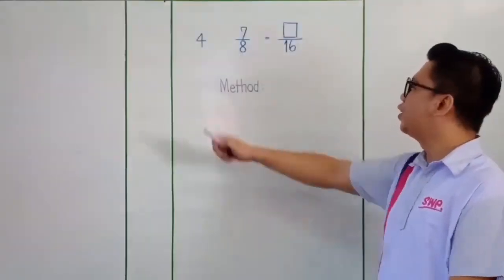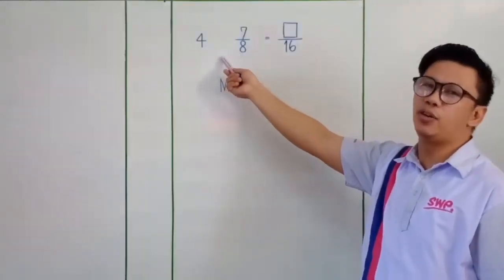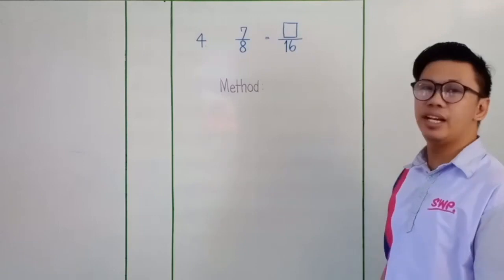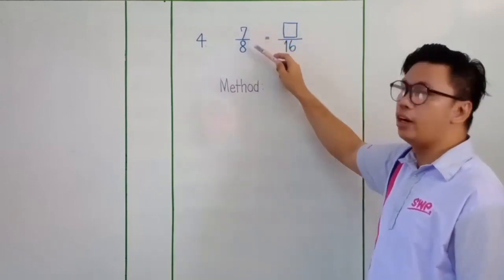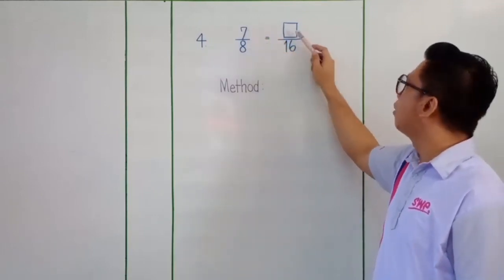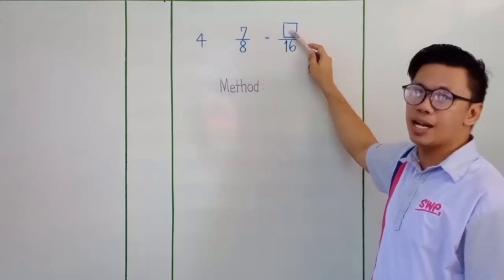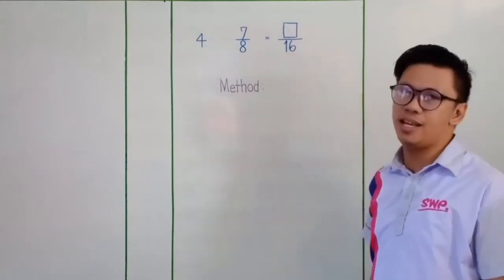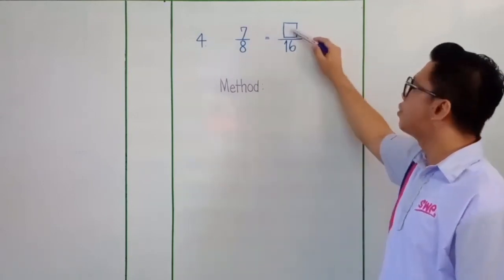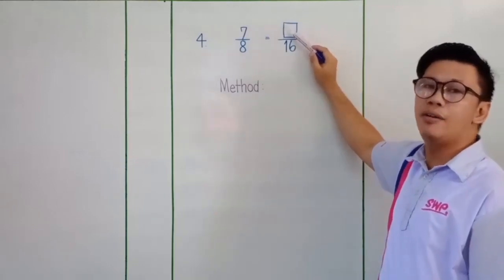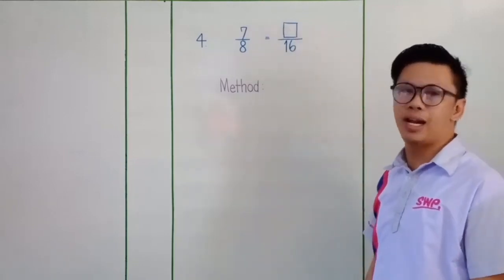Okay, now let's go to exercise number 4. We have here 7 over 8 equals the square box over 16. So we will find the answer in the box to have the equivalent fraction.